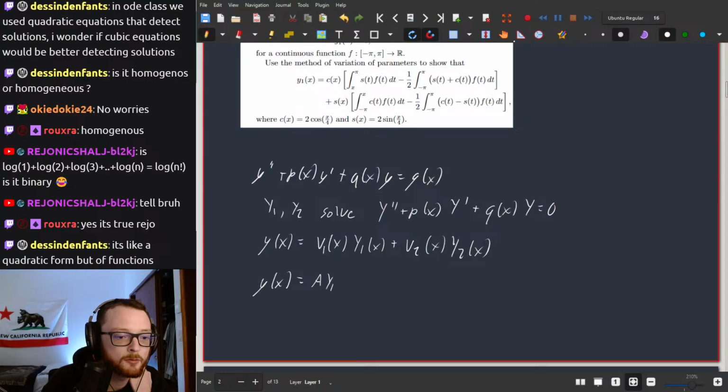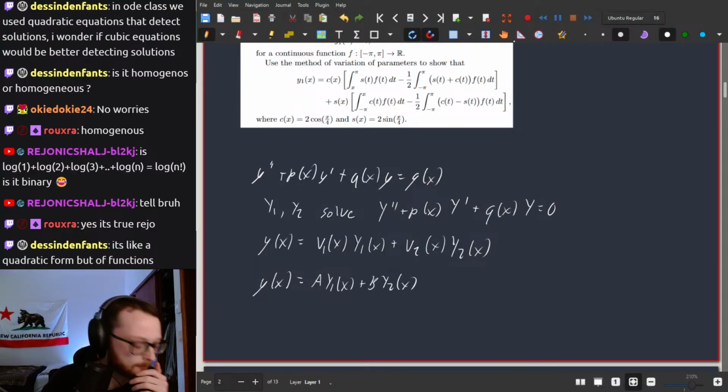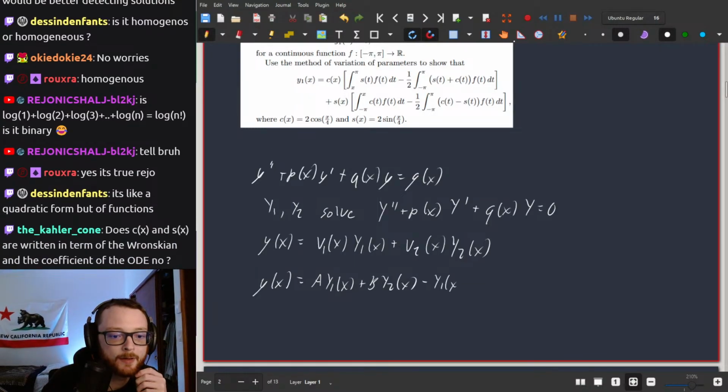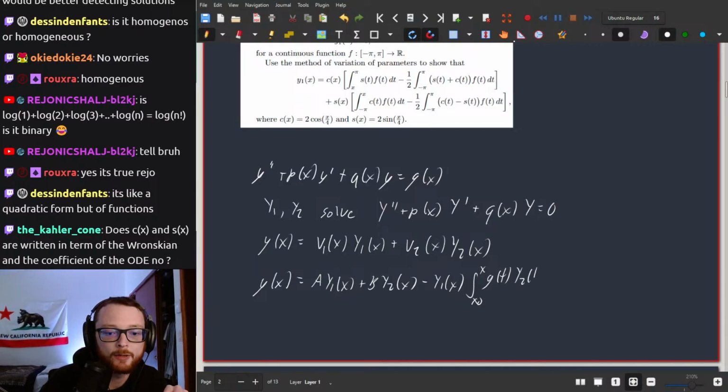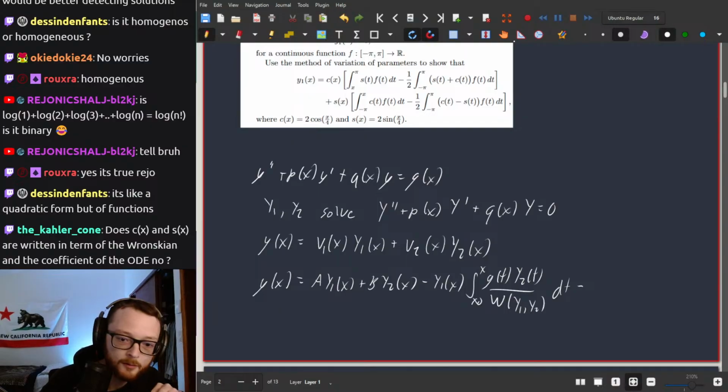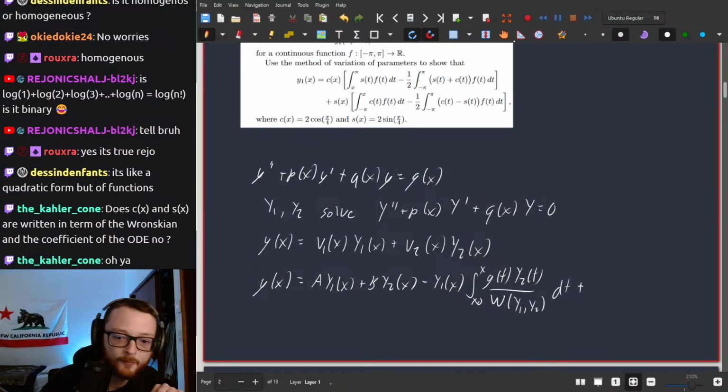Some constant a, y1, some constant b, y2, minus y1 of x, integral from x naught to x, g of t, y2 of t, over the Wronskian, which I'll talk about in a second, dt, plus, I want to check these signs.